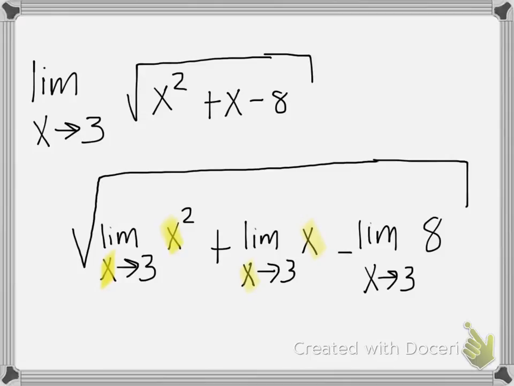But since we have a constant here, we don't even need to worry about that x as x goes to 3, because the limit of a constant as x goes to 3 is just going to be the constant. So that's one of the limit laws that we had. On the next slide I'll go ahead and plug everything in.